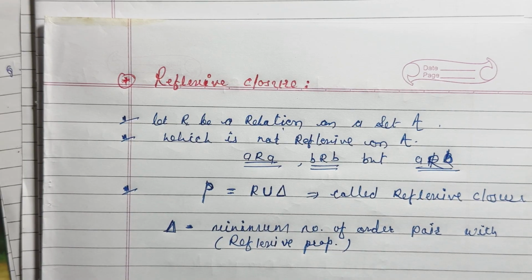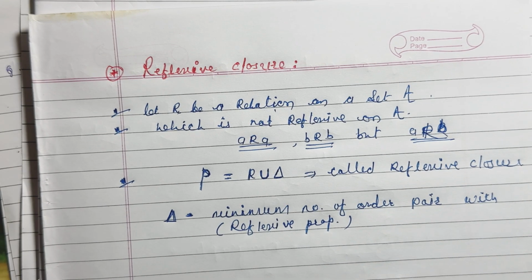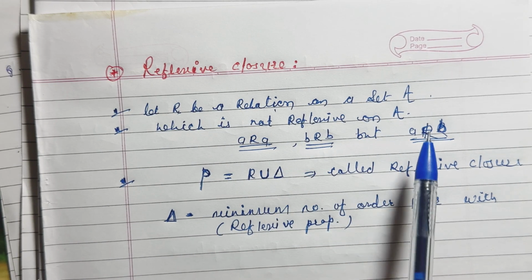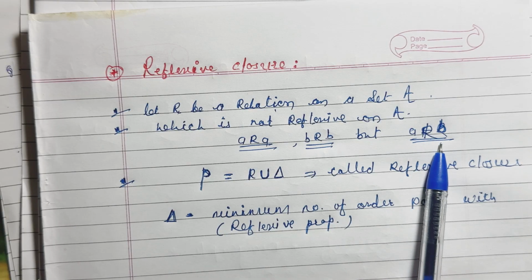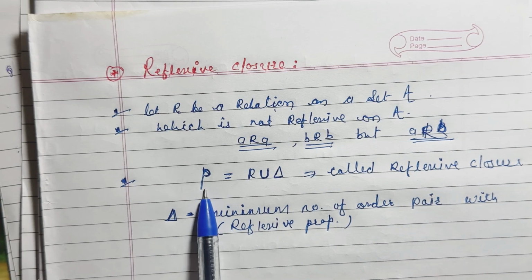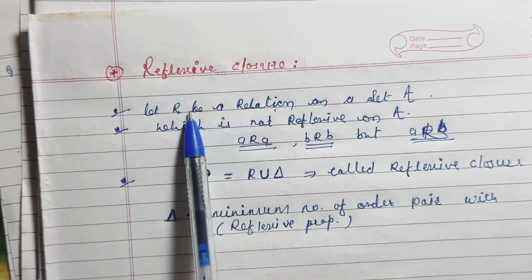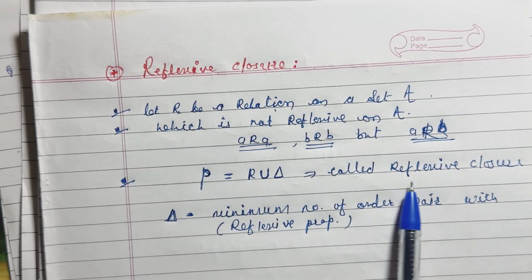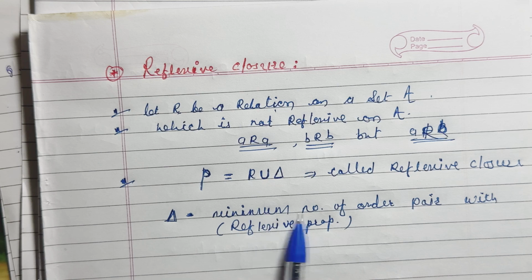That means delta has all the elements which hold the reflexive property. So R is a relation which is not reflexive on that set, and we write a new set P as R union delta. That entire set we call the reflexive closure, and delta is a minimum number of ordered pairs which has the reflexivity property.